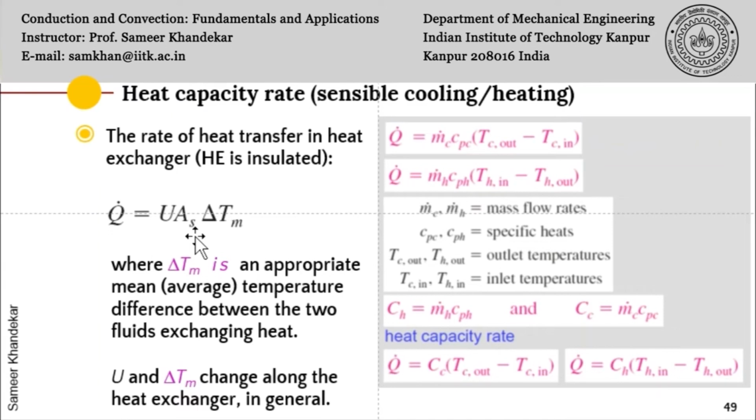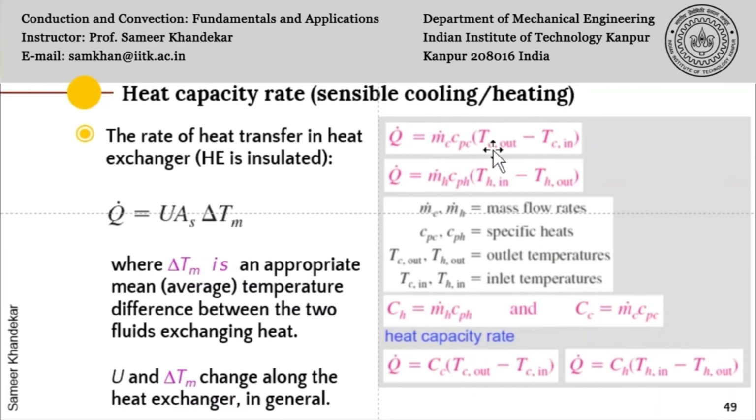Now let us quantify further what happens individually to the two fluids which are flowing. You can write Q dot is equal to m dot c, where the subscript c corresponds to the cold fluid. This is the mass flow rate of the cold fluid, times Cp,c, the specific heat of the cold fluid, times T_c,out minus T_c,in.